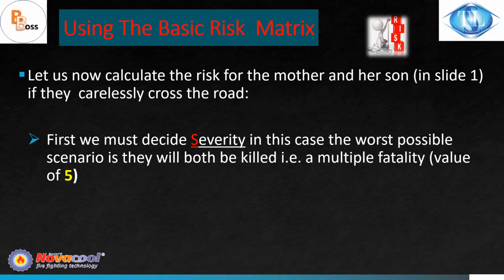The first thing is we must decide the severity. So the worst case scenario, because severity is how bad is the accident, is both of them will be killed, which is a multiple fatality. And if we look to the matrix, we'll find that multiple fatality has a value of 5.